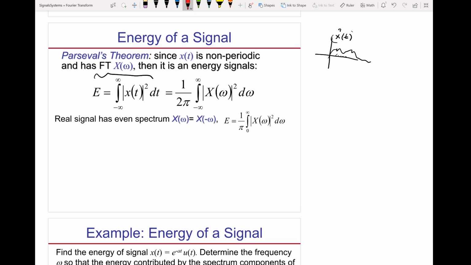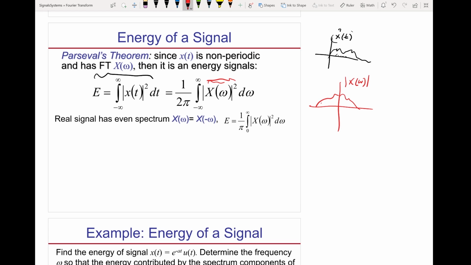Now, I can calculate the same energy of the signal in the frequency domain. If I have x of omega, the spectrum of the signal, it could look something like this. The magnitude, I square it and I integrate. So I find the area under |x(omega)| squared, and then you divide by 2 pi, and that will tell you the energy of the signal.